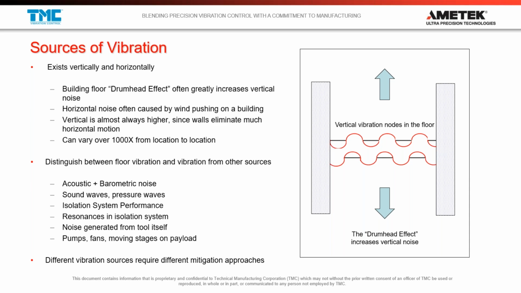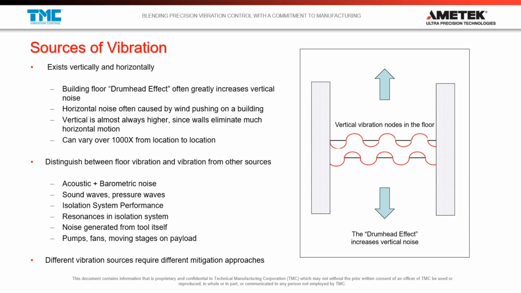And another source that people don't often think about is that sometimes horizontal motion of the building can be translated into vertical motion. A tall building swaying in the wind will create a torque on the corners of the walls and on the columns. And this torque will then create what we call a drumhead effect, which will then cause a standing wave in the building.